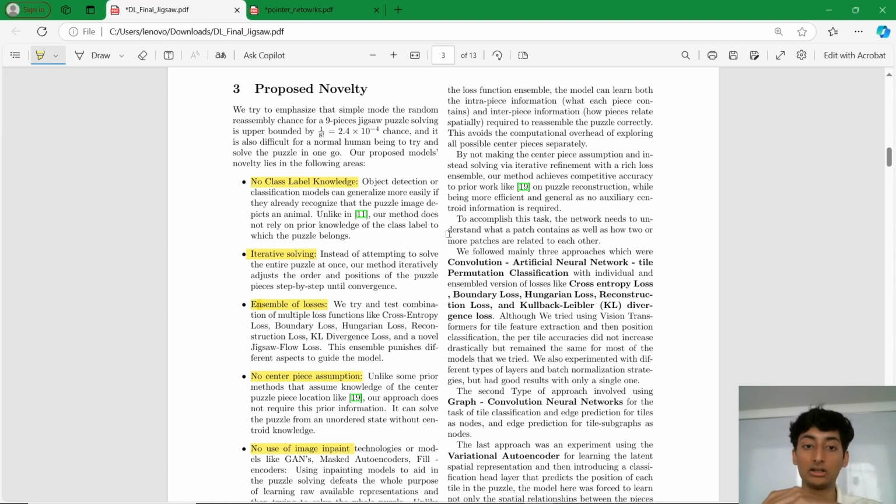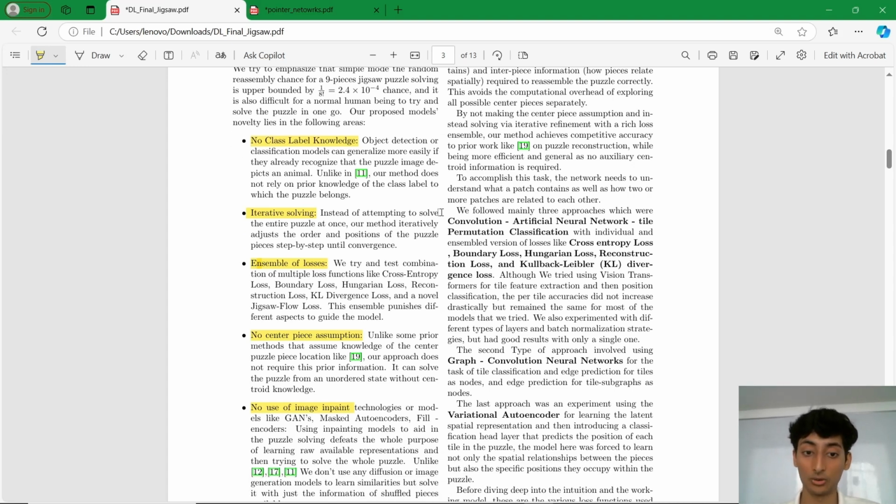So if you give the class label knowledge to the model, the model would generalize more easily and it would find trivial solutions, which we don't want, because what we want is our model to actually learn the features or the representations that you have in the image.